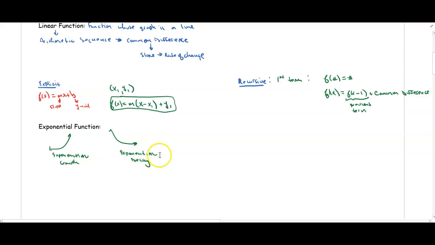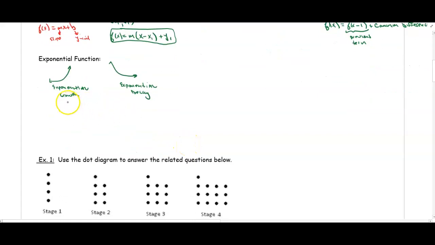Now remember, this function stems from a geometric sequence. And this geometric sequence gives you what we call a common ratio. So we recognize a geometric sequence because we are multiplying or dividing the previous term each time, which is that common ratio.